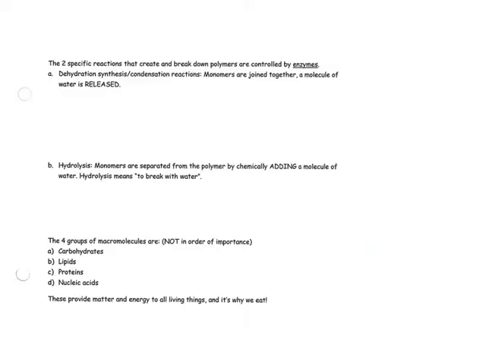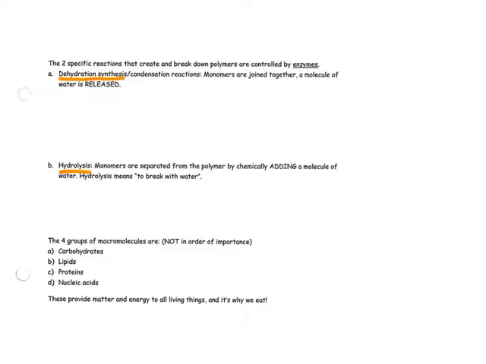Next, let's move on to the 2 types of reactions that we just talked about. When polymers are being built, when we're putting the Lego pieces together, that is known as dehydration synthesis. When the Lego pieces are being taken apart or the polymer is being broken down, that is known as hydrolysis.